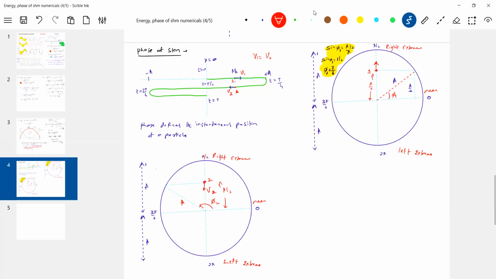So can we calculate this angle? To calculate that angle, if you can somehow calculate this theta, the problem is solved. So what is sine theta? A by 2A, so theta equals pi by 6. So what is the phase angle? Pi minus theta.